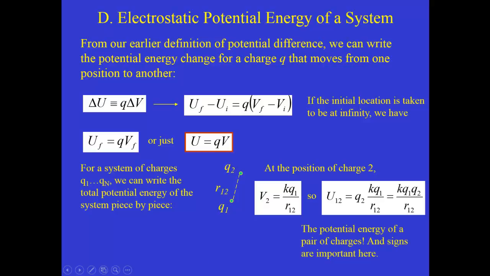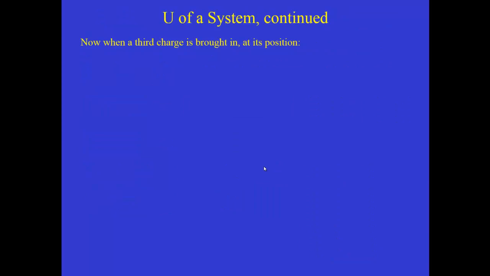All right, now let's imagine starting from this configuration, we bring in a third charge Q3. How much additional energy is required, or how much additional potential energy is there in that arrangement? That's easy to calculate, because we could first write down what is the electric potential at the position of charge 3 due to the other two charges, and then multiply by Q3 itself.